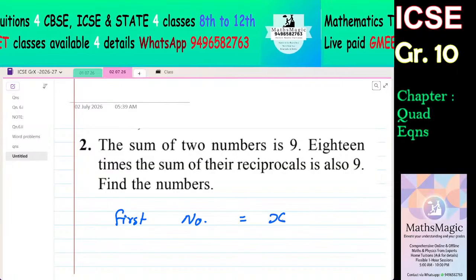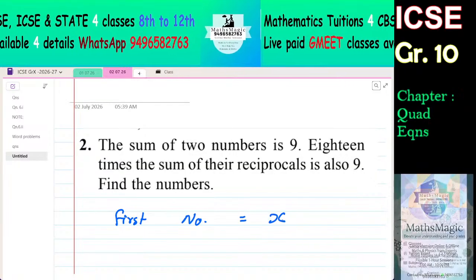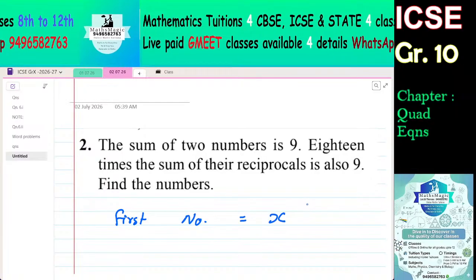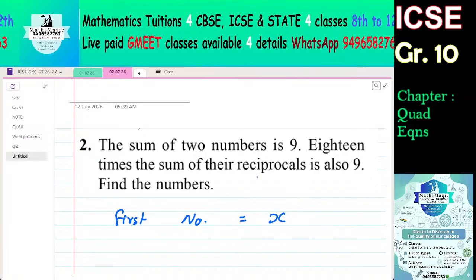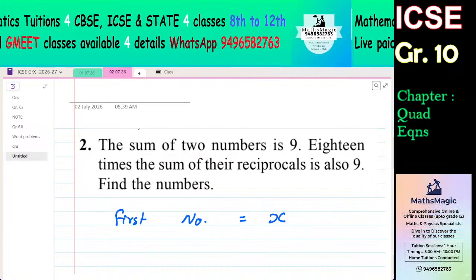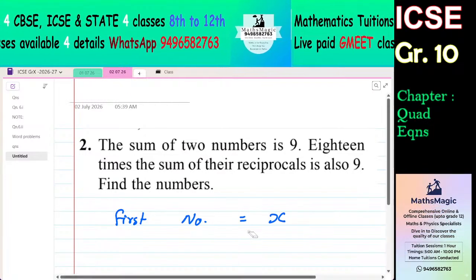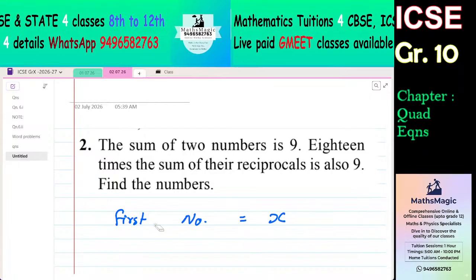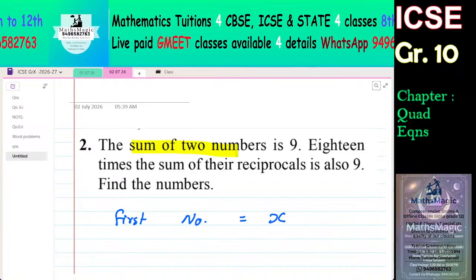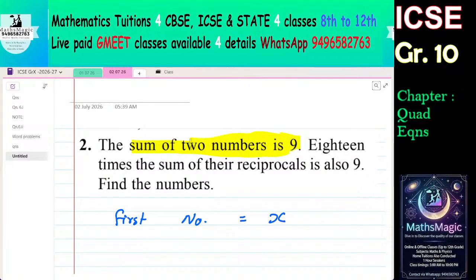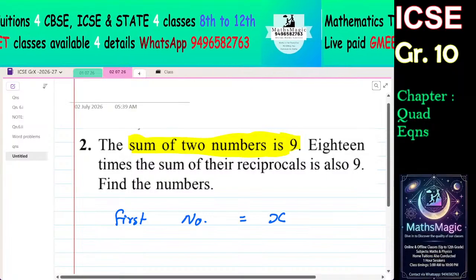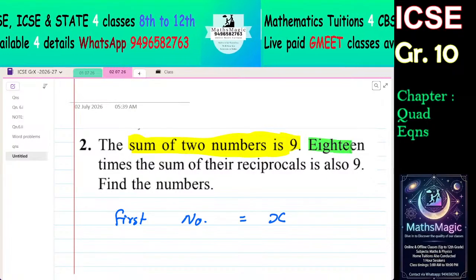And we should get the sum of these two numbers as 9. Okay, I should highlight the first two conditions. See, this is the first condition: sum of two numbers is 9. And it's a lengthy one: 18 times the sum of their reciprocals is also 9.